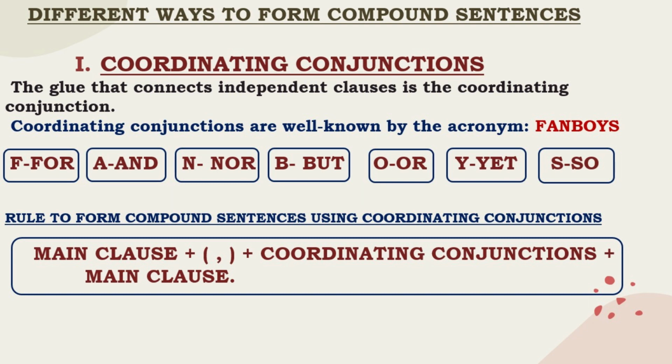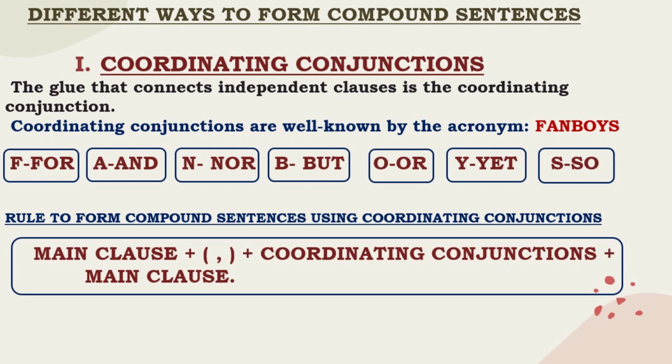Each of these conjunctions portray a certain kind of relationship between sentences. Here is how you can form compound sentences using coordinating conjunctions. We have the main clause punctuated by a comma, then we have the coordinating conjunction followed by the main clause.